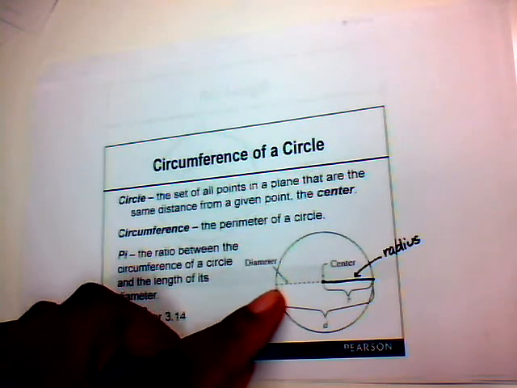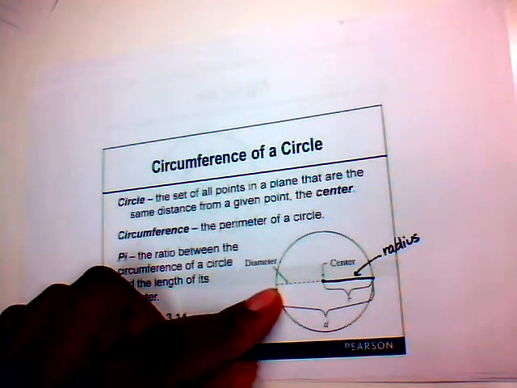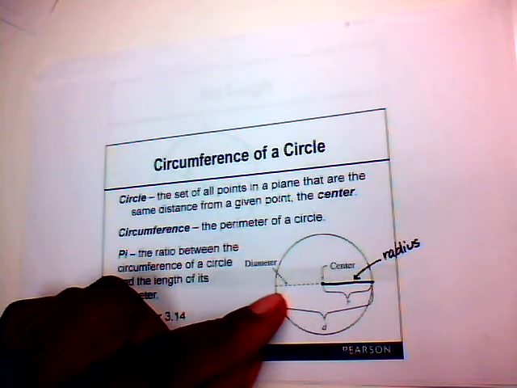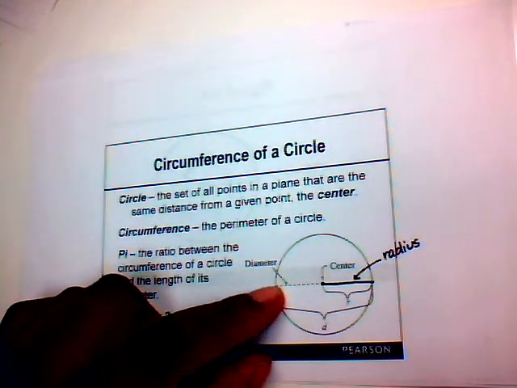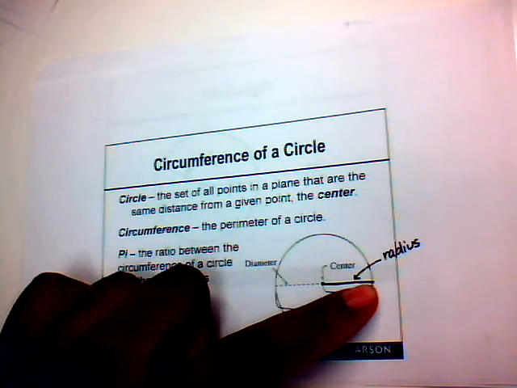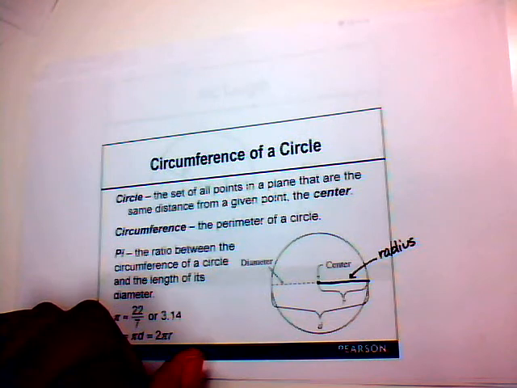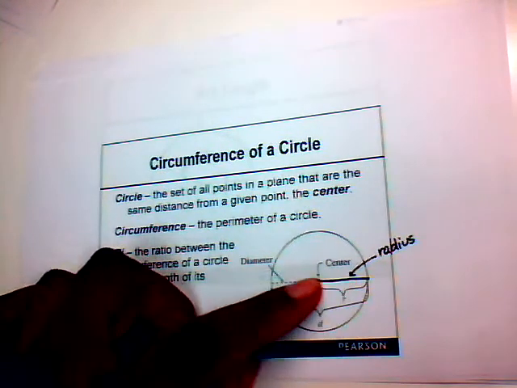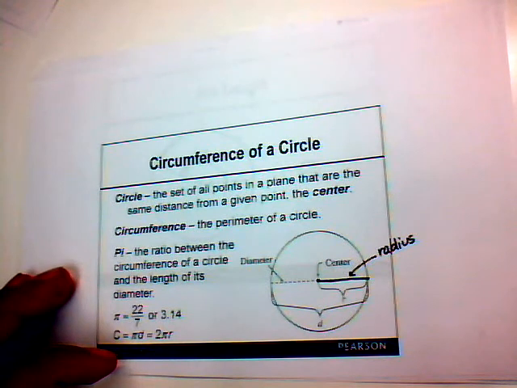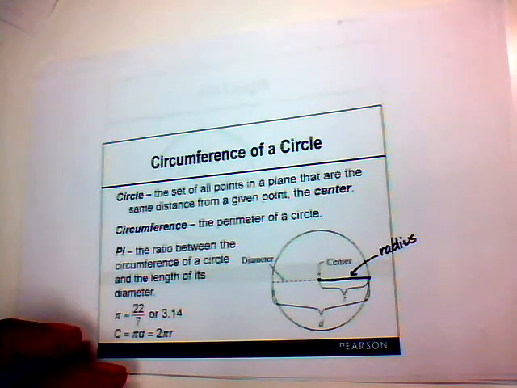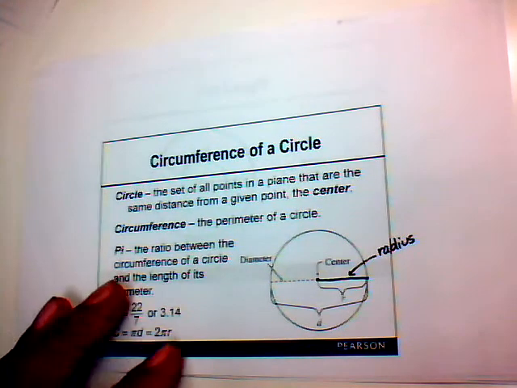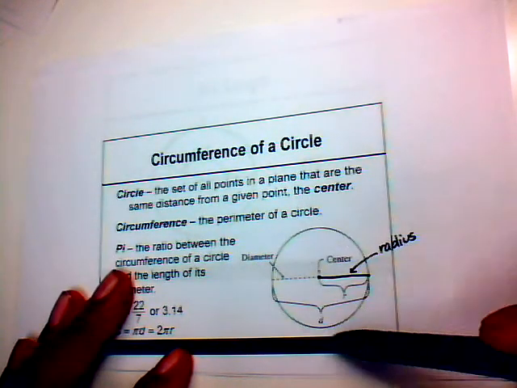And then you have a diameter. That's a line segment that passes through the circle. It starts from a point on the circle, goes through the center, and ends at another point on the circle. So here, that right there is your diameter. And of course, the circumference is always the perimeter of a circle.